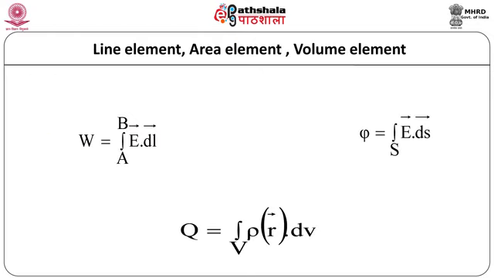While solving problems in electromagnetics, we need to evaluate line integrals, surface and volume integrals. The work done in displacing an electric charge, the electric flux phi through a surface and total electric charge enclosed in volume V are some of such examples. For this, we must know the expressions for line element, area element and volume element in different systems.